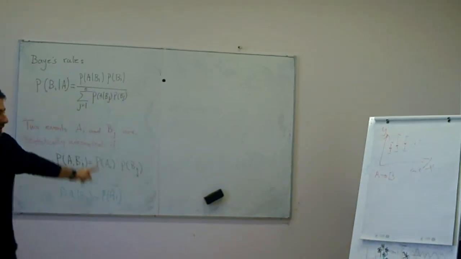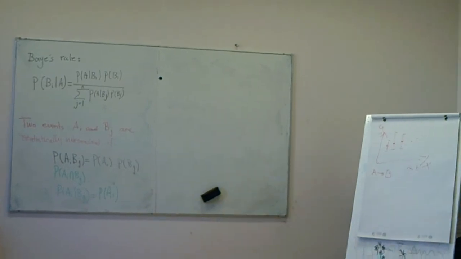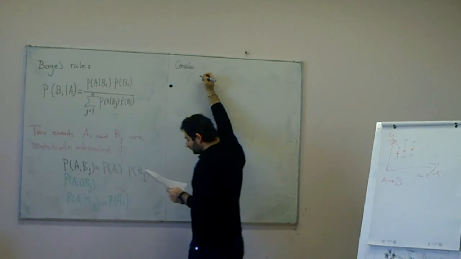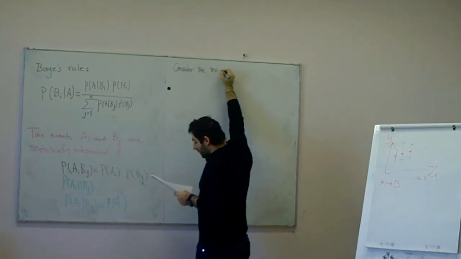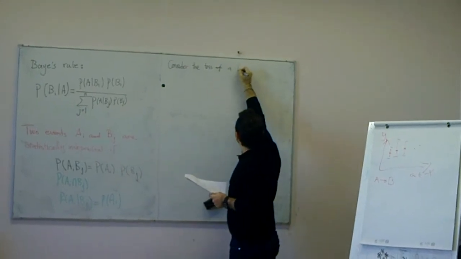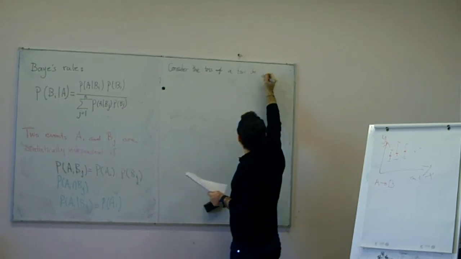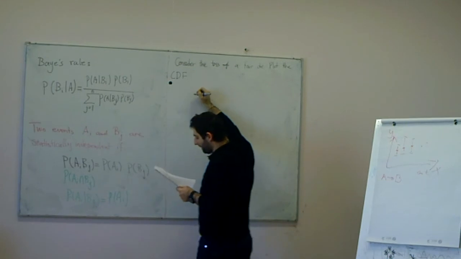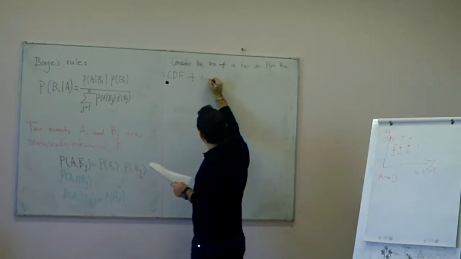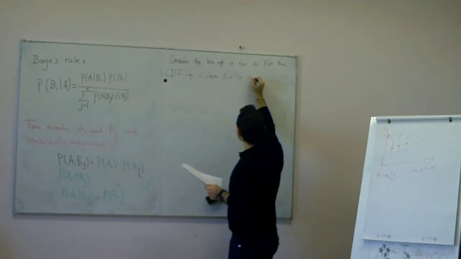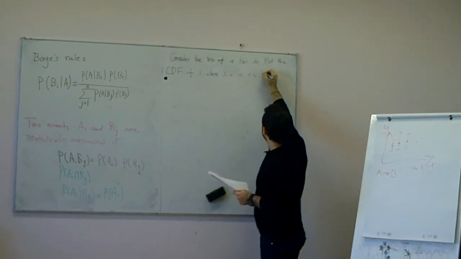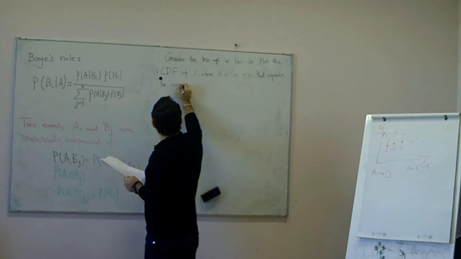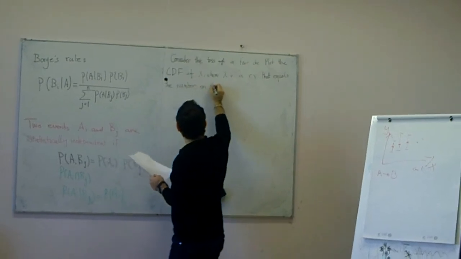I will write the question and I want one of you to come to the board and solve it. Consider the cumulative distribution function of x, where x is a random variable that equals the number on the upper face of a die.